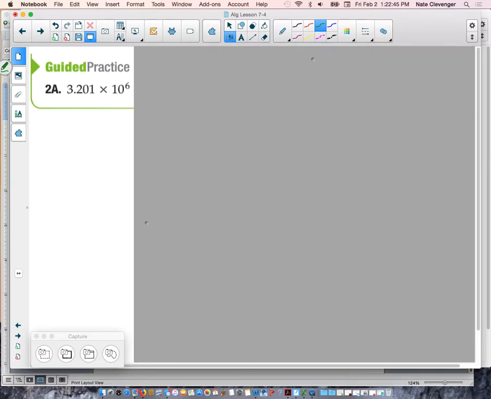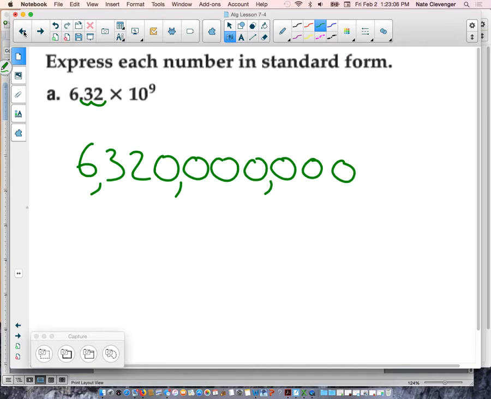Kobe, which way are we going to move the decimal on this number? If it has a positive exponent, move it to the left? Is that what our pattern has been?